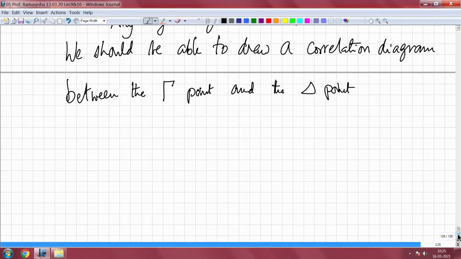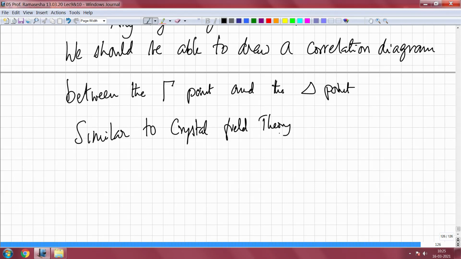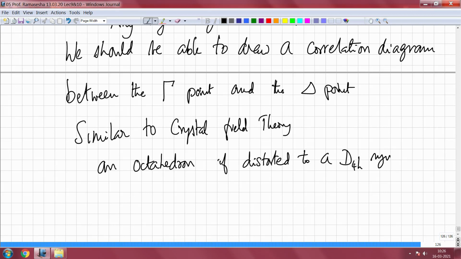What one does is very similar to what is done in crystal field theory. In crystal field theory, we know, for example, that we have an octahedral group. Say when an octahedron is distorted to a D4h symmetry, what you do is push or pull along one of the axes, say the z axis.